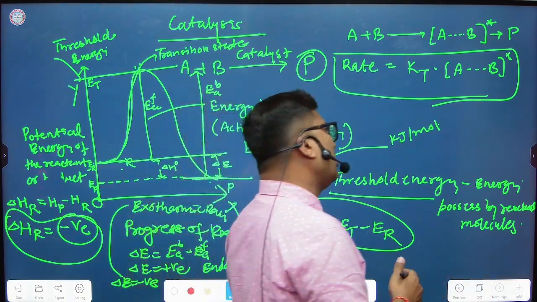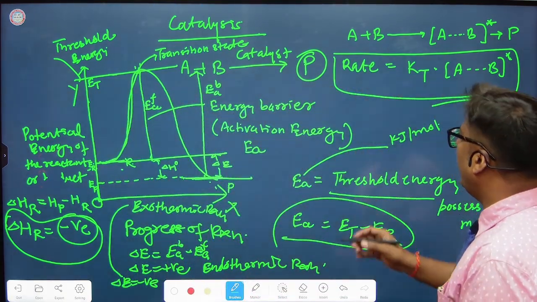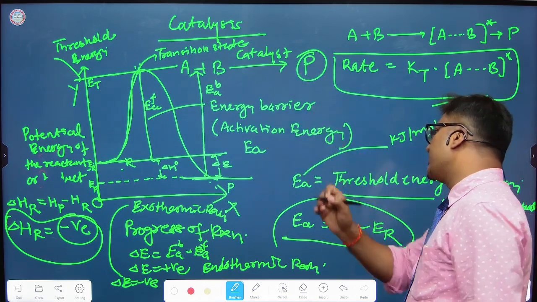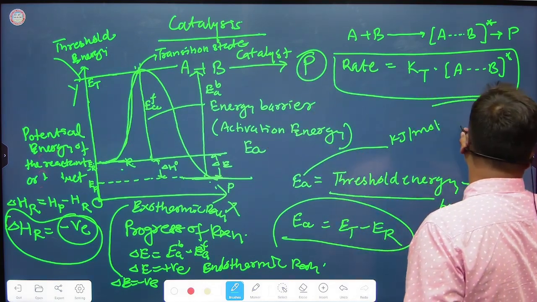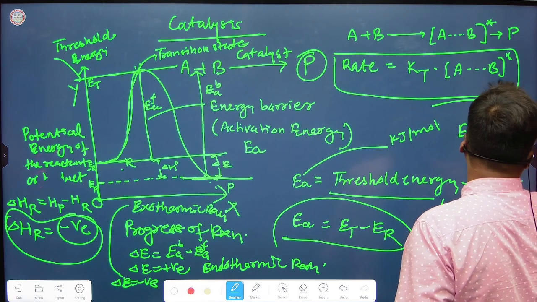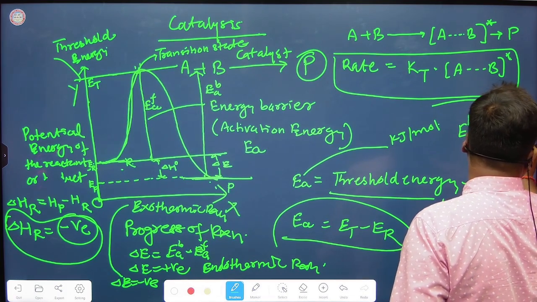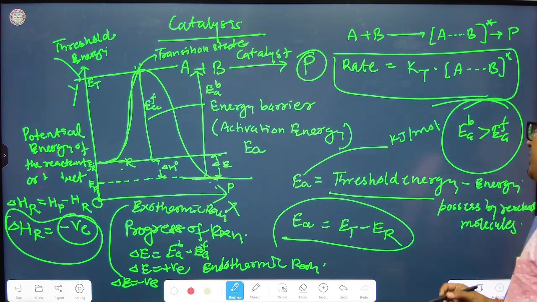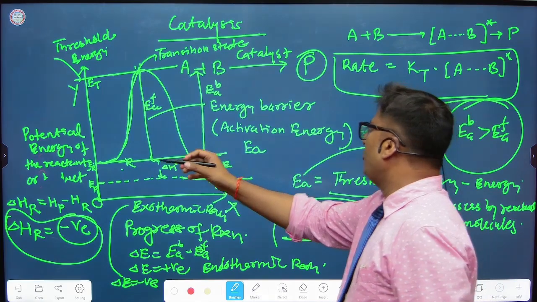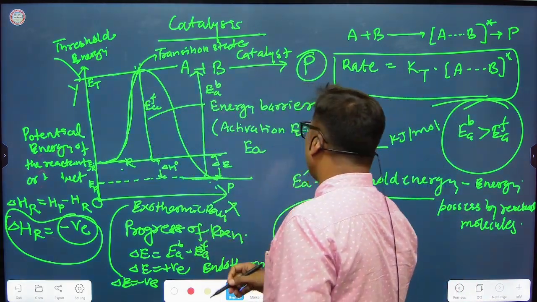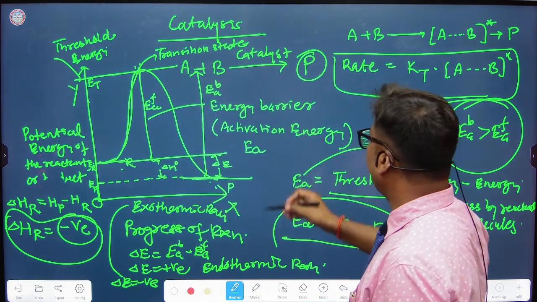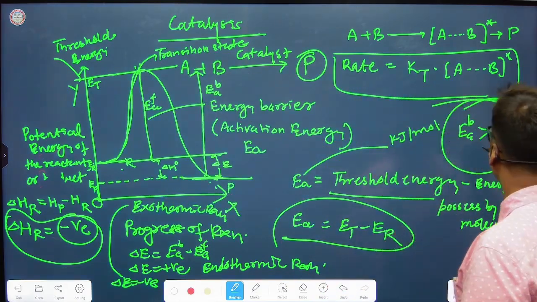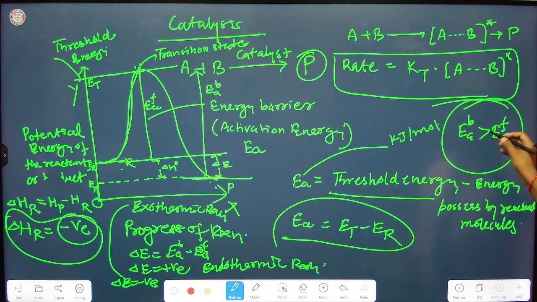So in the case of the forward reaction, the activation energy of the backward reaction is very, very high. So EA backward is greater than EA forward, right? In this kind of plot or reaction pathway, this is very, very high.